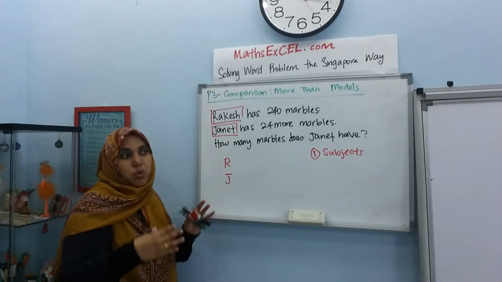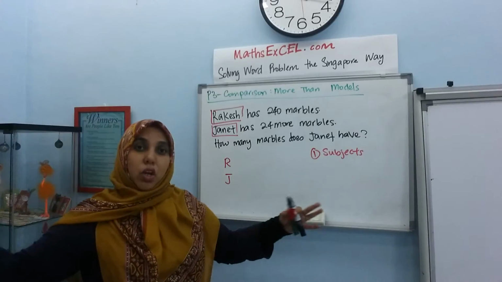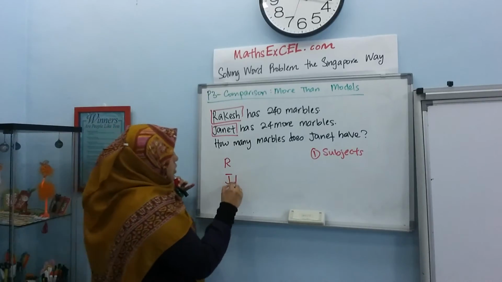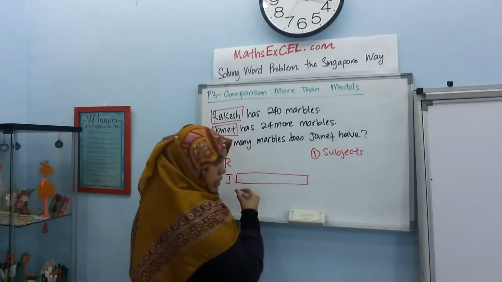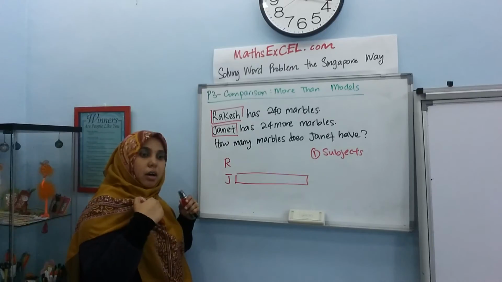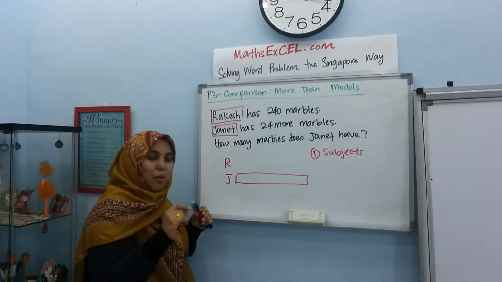Once they say Janet, you ask: when you are having more, will your rectangle be longer or shorter? They are going to say longer. In that case, you can ask your kids to go and draw a long one. Always use freehand. In our class, we strongly encourage our students to use freehand, no ruler. Why?